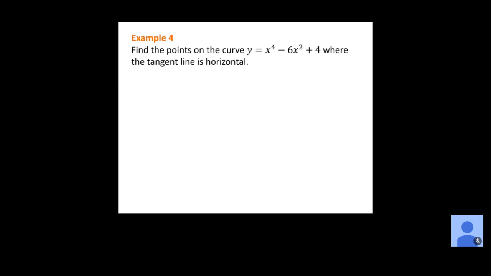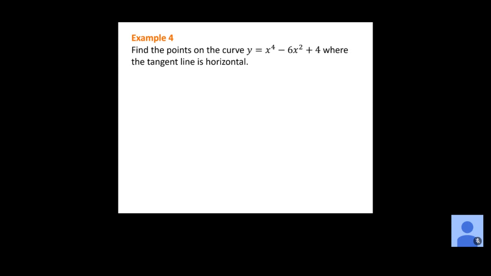So I want you to read through that, think about what we're looking for, and then tell me what you think we might want to do first to help us find those points. So any thoughts on what we might want to do first here?